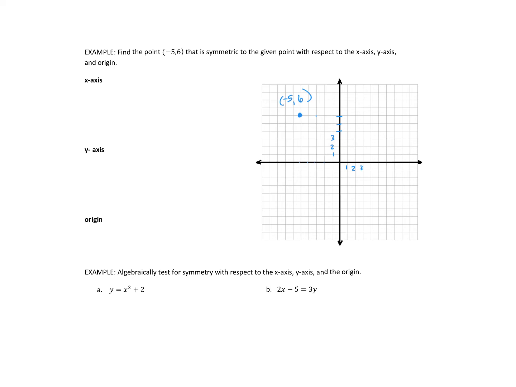If I have x-axis symmetry, and remember this is our x-axis here, then I should be able to replace y with a minus y and get a new ordered pair, (-5, -6).